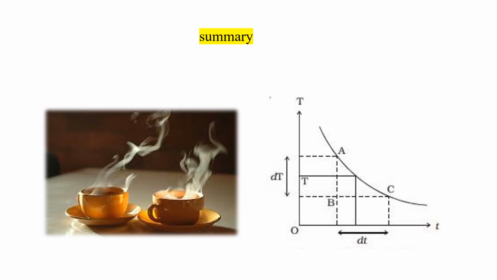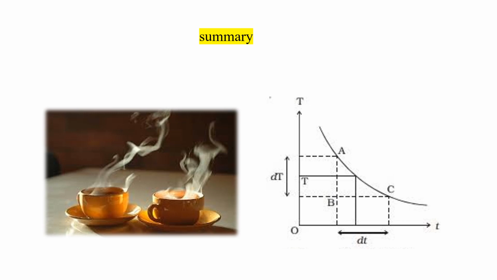So finally, the summary of today's idea is Newton's law of cooling. The rate of cooling of a given liquid or body is proportional to the excess of its temperature over that of the surroundings. The difference between the cooling body and the surrounding temperature should be very small.